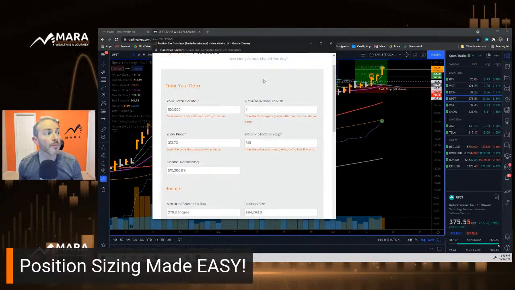We want to know how much capital, based on percentage, we want to put at risk at any one time. Maybe it's 1%, maybe it's 2%, maybe it's 0.5%. The amount can vary, and for me, it does vary. And that's actually going to be one of the next things that I want to talk to you about.